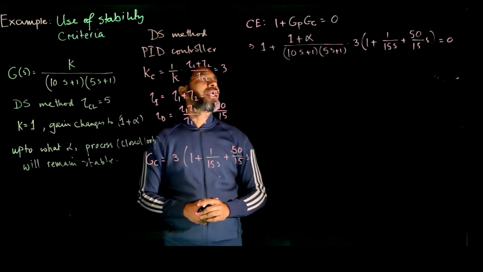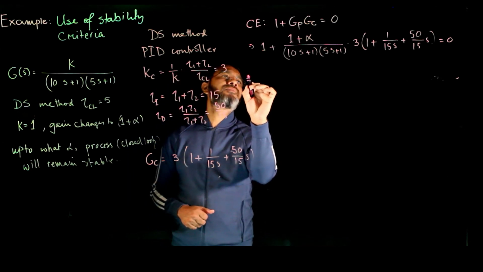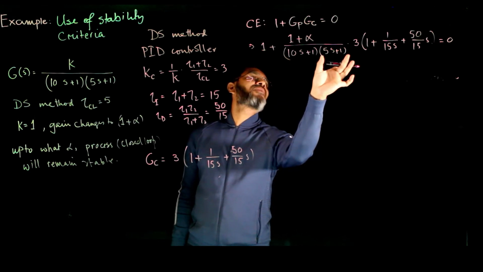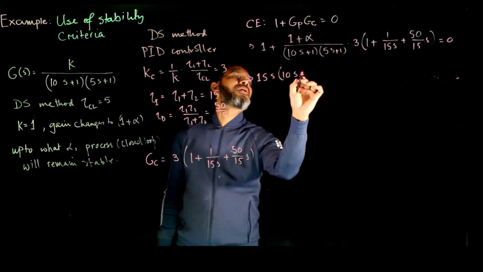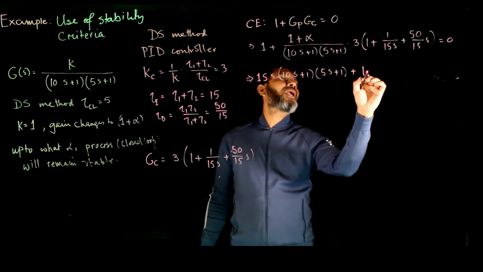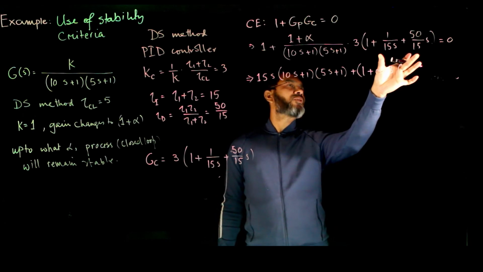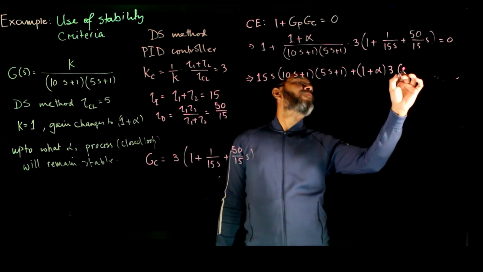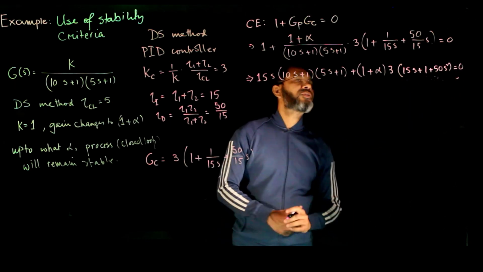Now if we look at this characteristic equation, by simplification, we multiply the entire term by (10s plus 1)(5s plus 1) times 15s, so we'll have 15s times (10s plus 1)(5s plus 1) plus (1 plus alpha) times 3 times (15s plus 1 plus 50s squared) equals 0.